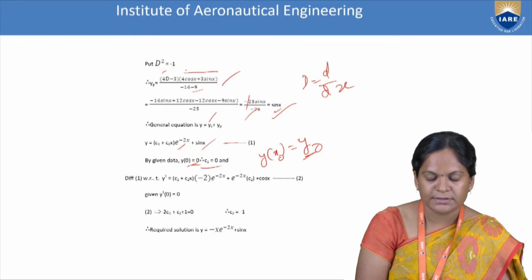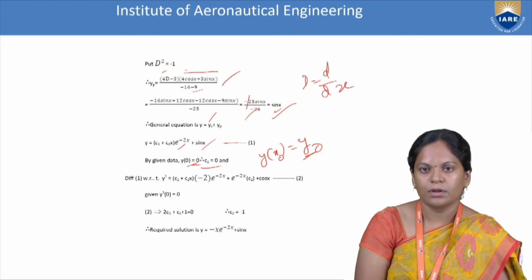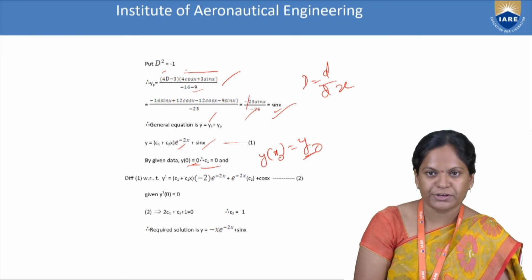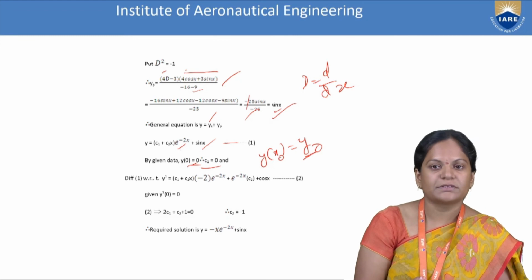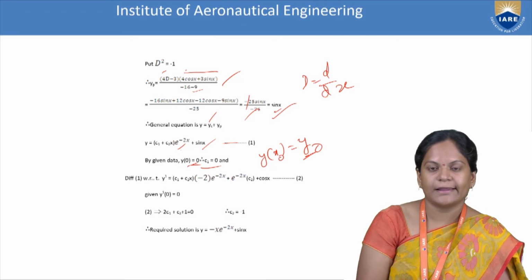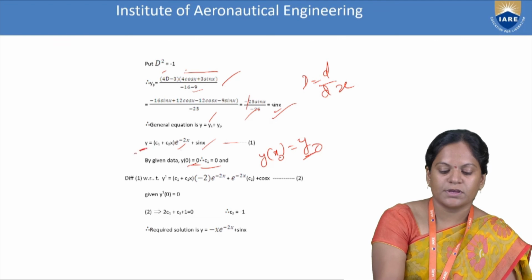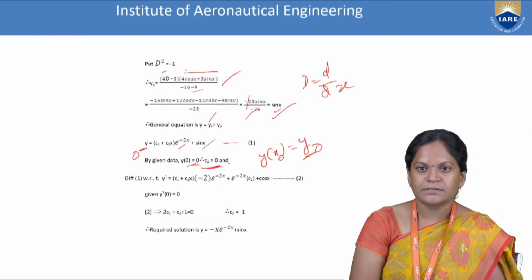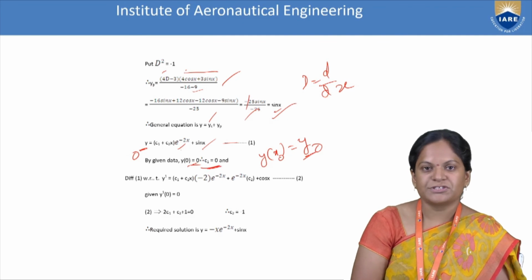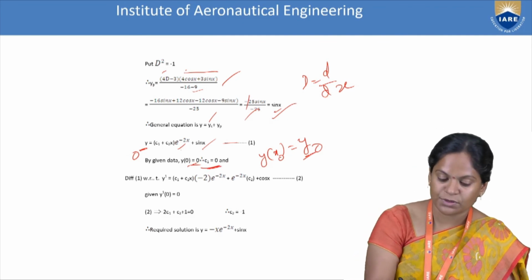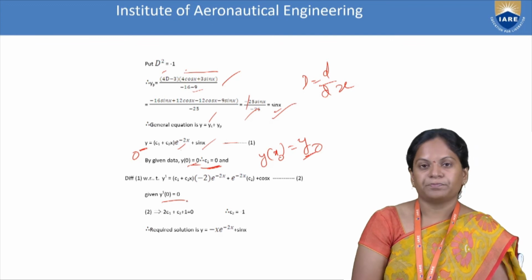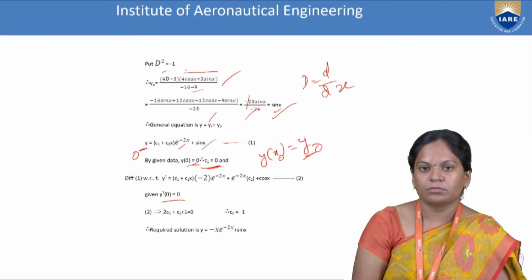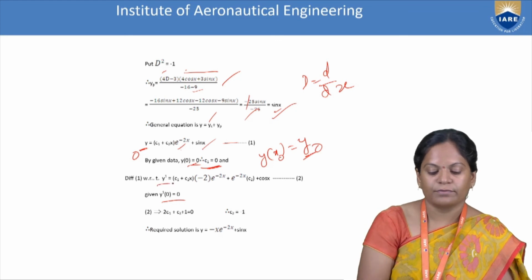Substitute 0 in place of x and 0 for y in equation 1. We have the right-hand side becoming c1 and the left-hand side only 0. Therefore we got c1 equal to 0. Now one more condition we have, that is y dash of 0 equal to 0. So what about y dash of 0? First take the derivative of y.